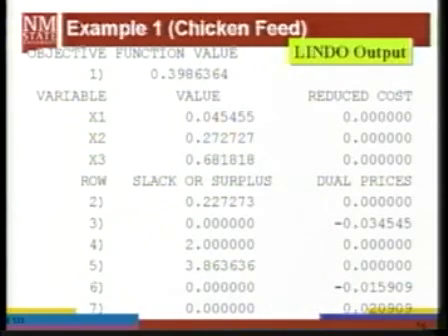So if a constraint is completely satisfied as an equality, then the slack or surplus has the value of 0, which means the corresponding constraint is binding at the optimal point. If the slack or surplus has any positive value, then this tells you how many more units of the variable could be added to the optimal solution before the constraint becomes an equality. Okay?